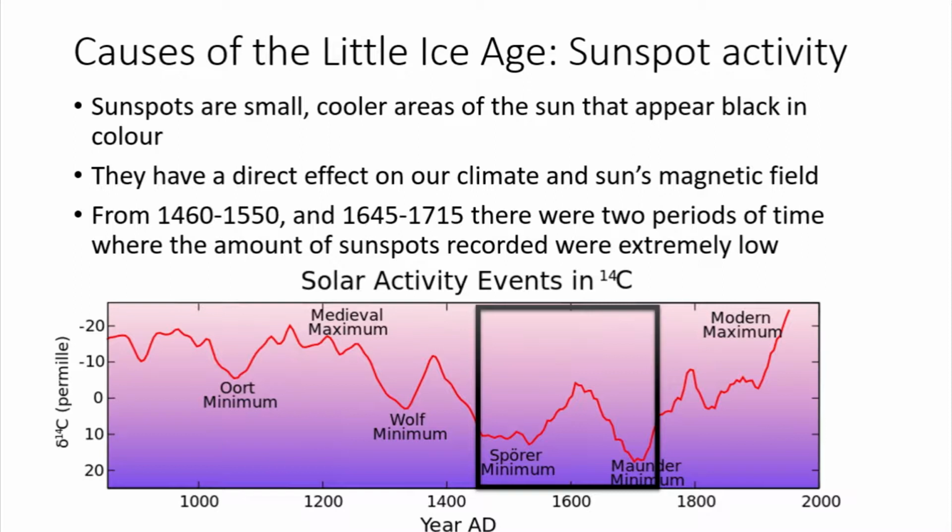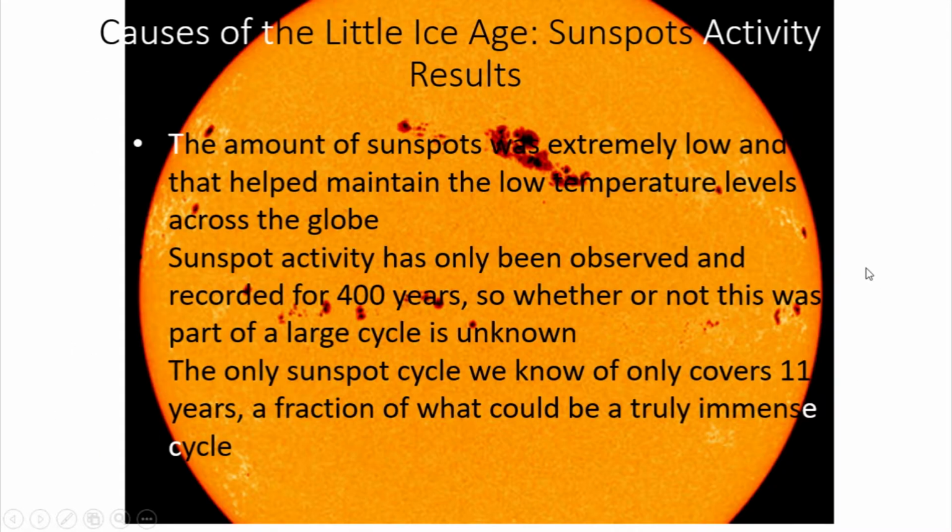Sorry if I'm pronouncing it wrong, but as you can see over here with the mouse, these were low periods of activity, and this helped maintain low temperature levels across the globe.